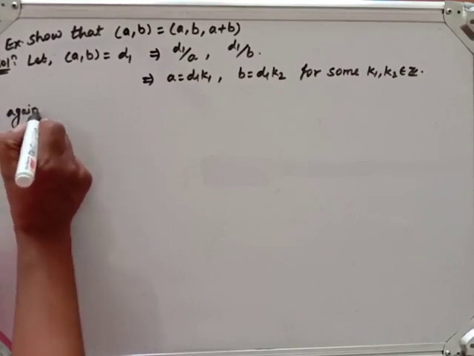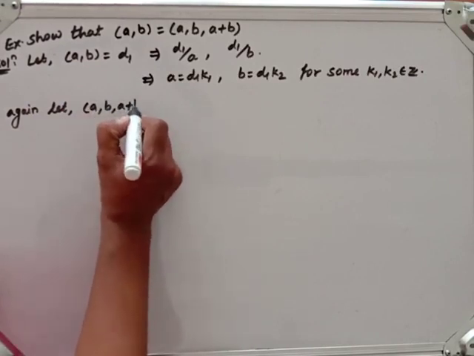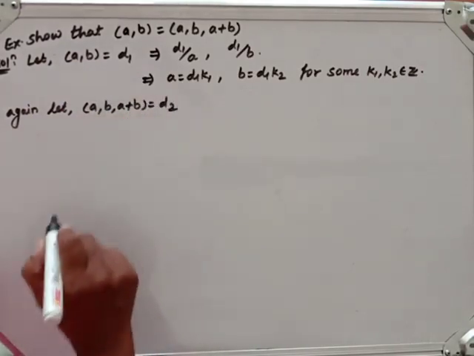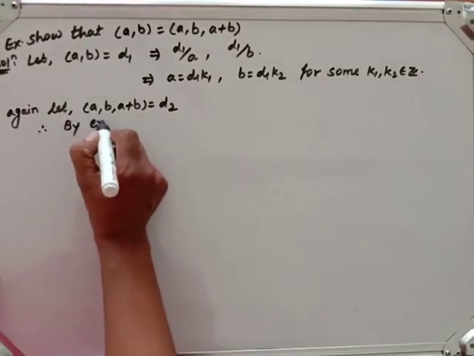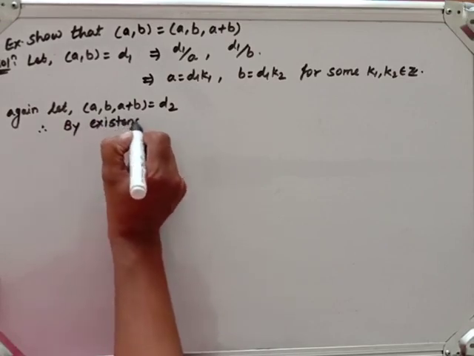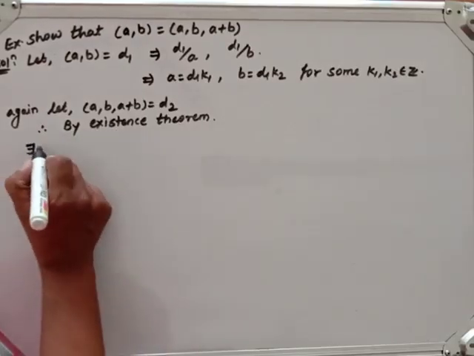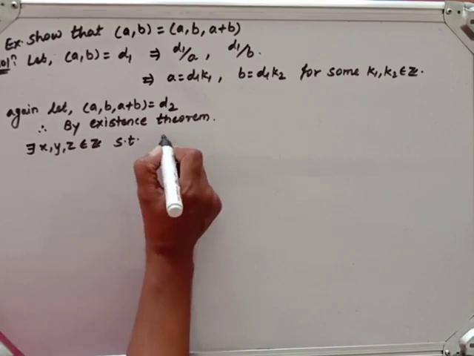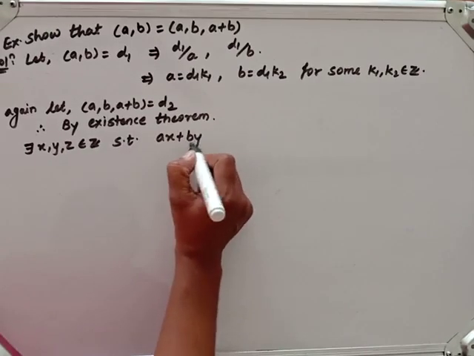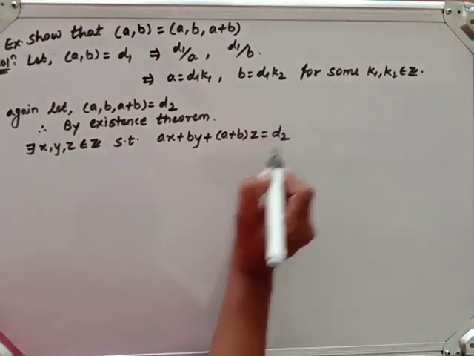Now, again let GCD of a, b and a plus b be equal to, suppose, d2. So, therefore, by the existence theorem or linear combination theorem, what do I get? There exist some integers x, y, z such that ax plus by plus a plus b into z is equal to d2.